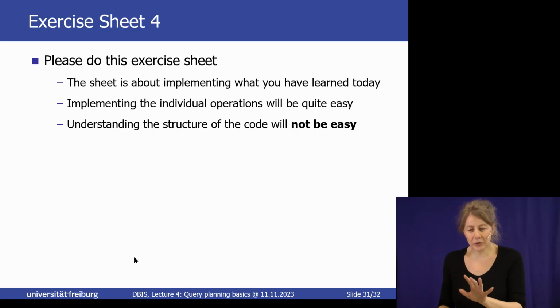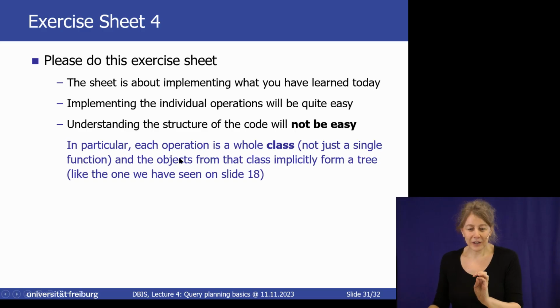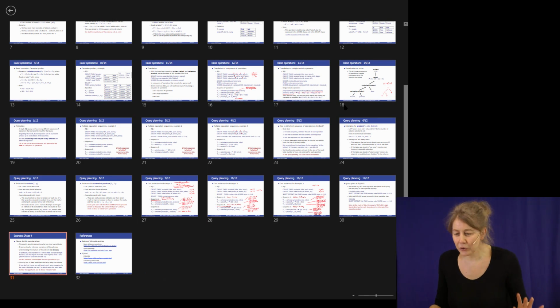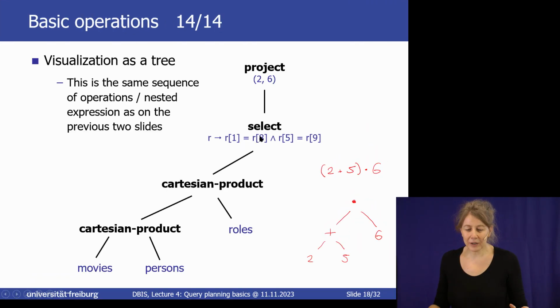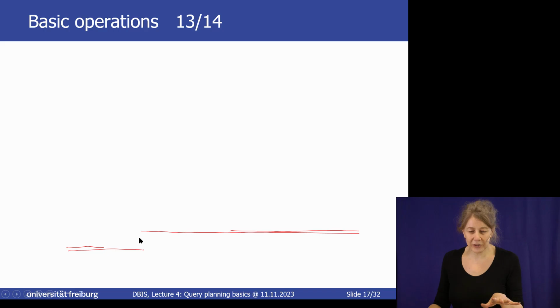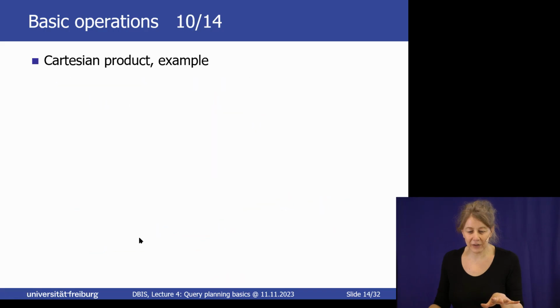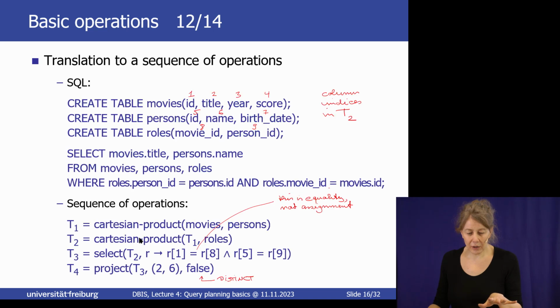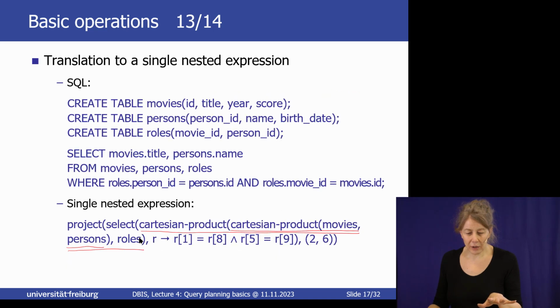I'm not showing this to you now, but you will see in the code template that each operation is a whole class, right? Let me just show it to you once more. I mean, you have to implement something like this here, right? And what you will essentially do, when you do the exercise, you will essentially write this in code, stuff like this, right?